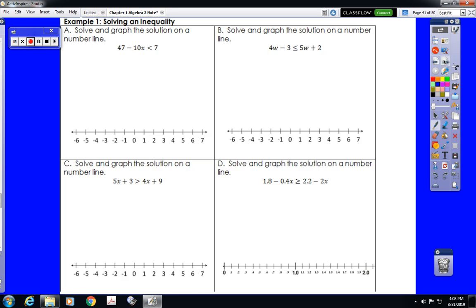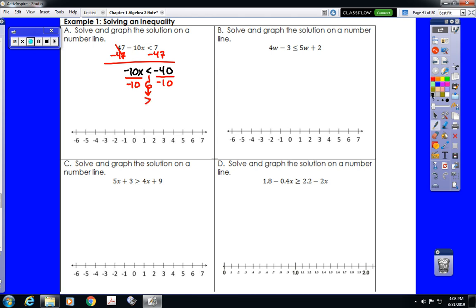Let's do some examples. I have a total of 5 for this video. What we're going to do is solve and then graph our solution on the number line. So in this first inequality, we would be subtracting 47 from each side, which would give us -10x is less than -40. And then we would divide by -10. Now again, when we divide by a negative number, we must reverse the symbol.